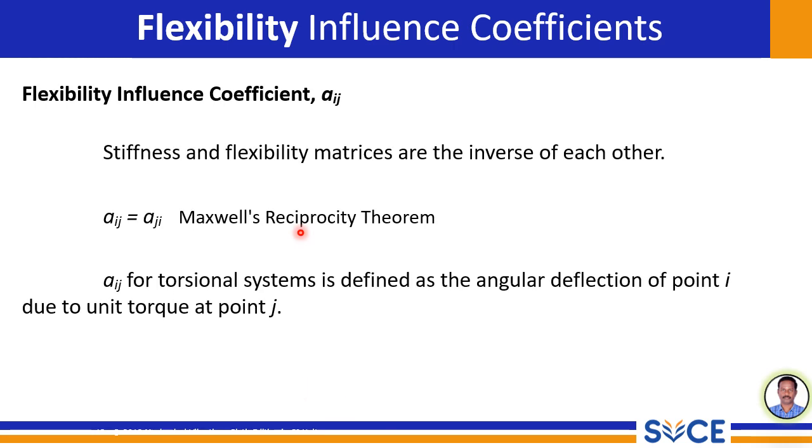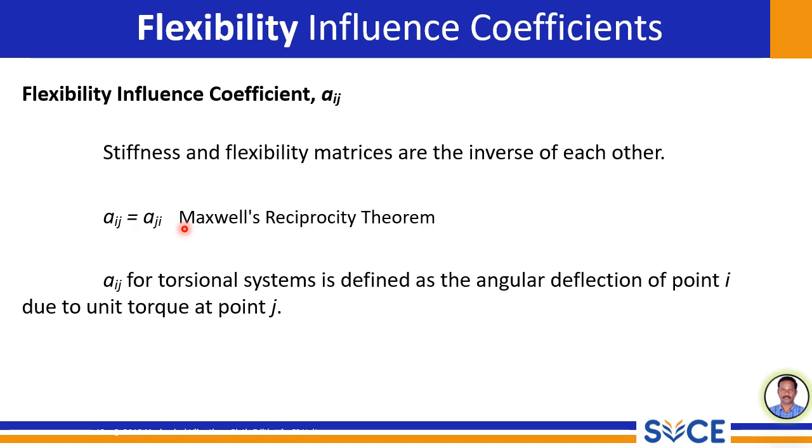Continuing our discussion on flexibility influence coefficients, this slide highlights some important properties. Firstly, there is a fundamental relationship between stiffness and flexibility matrices. They are actually the inverse of each other. If we have determined the stiffness matrix for a system, we can find the flexibility matrix also by taking its inverse.